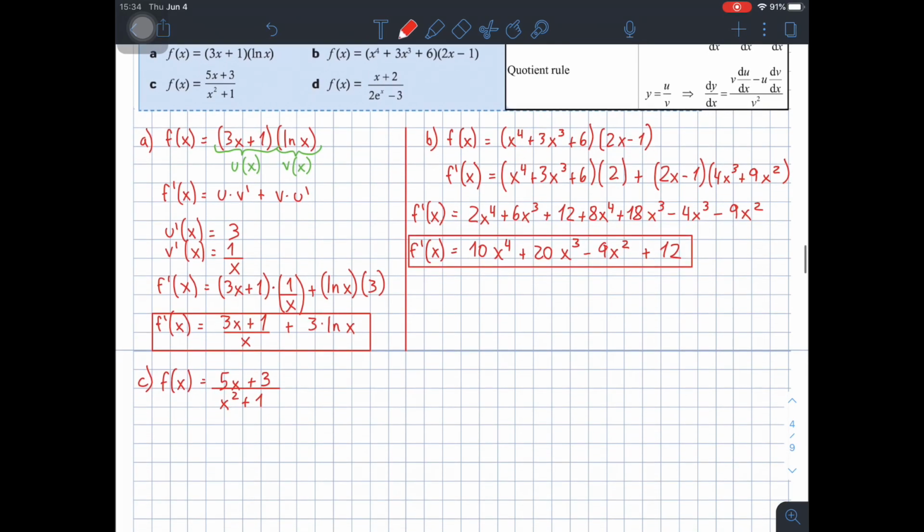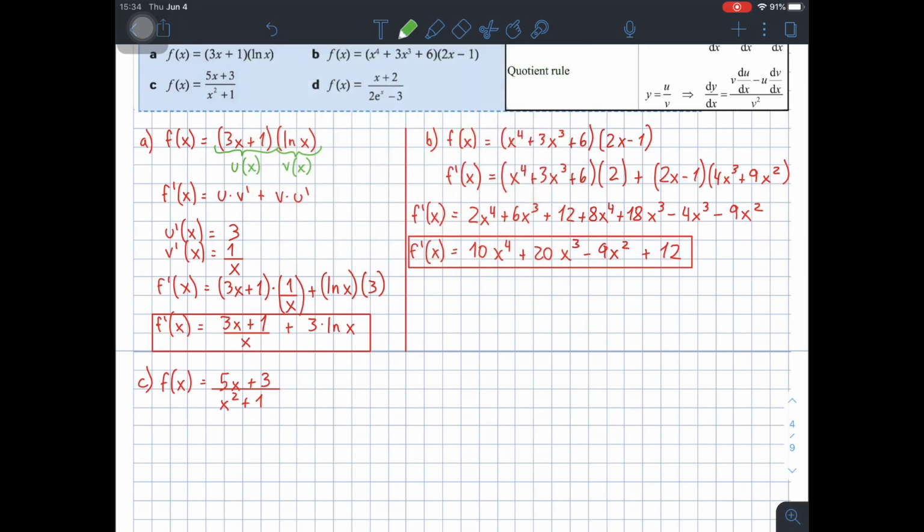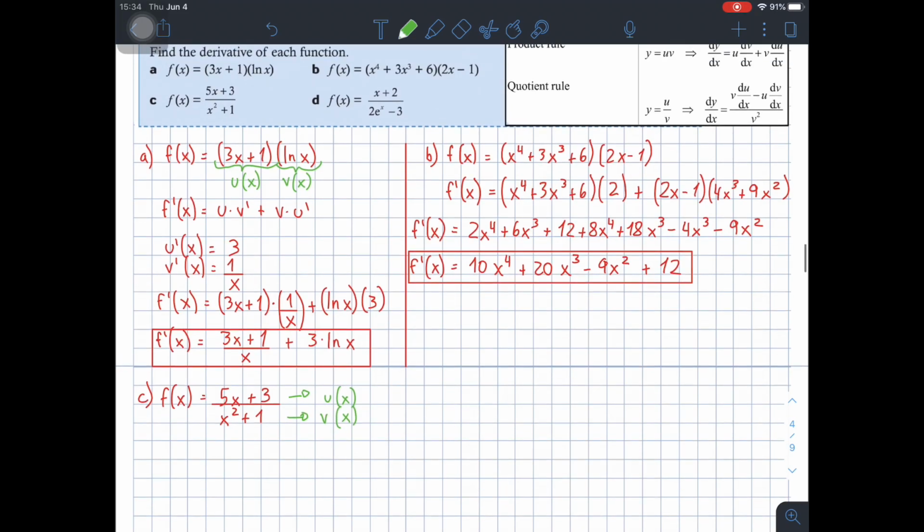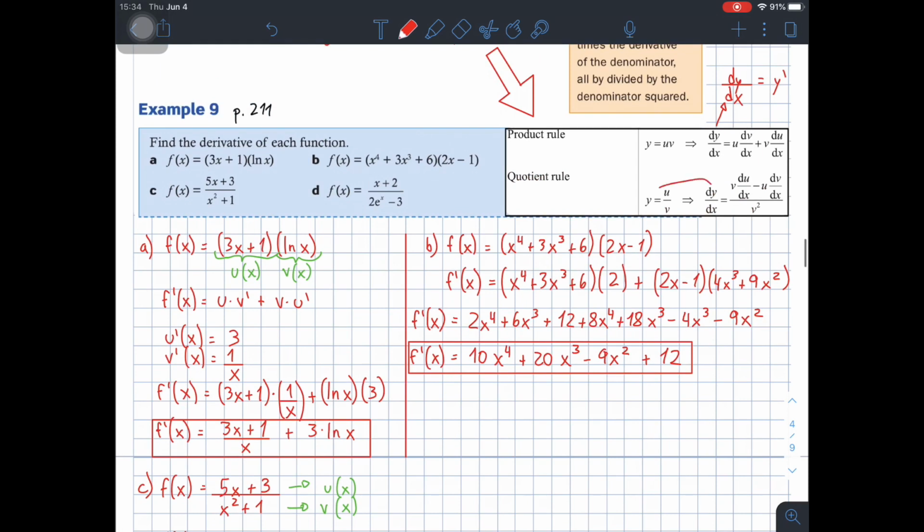Okay, so here we can identify the first function as being u of x, and the second function would be v of x. So if we follow the rule, it says that f prime of x is equal to, here you have the formula booklet, v times u prime minus u times v prime over v squared.